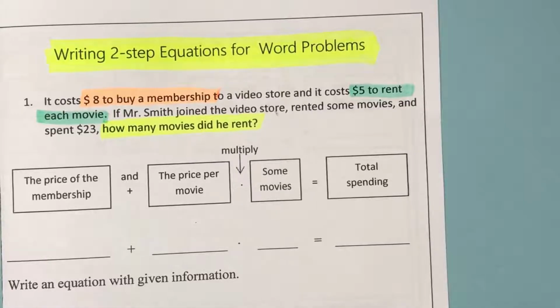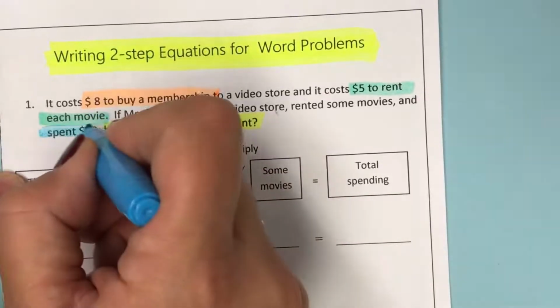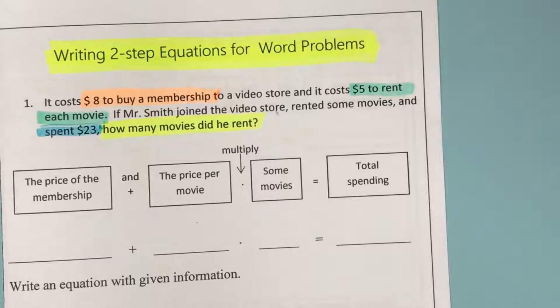He spent $23 total. So that includes the membership and a few movies for the total spend of $23. The question is, how many movies did he rent? This problem, we can figure out the answer a few different ways.